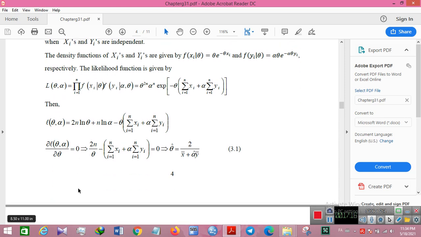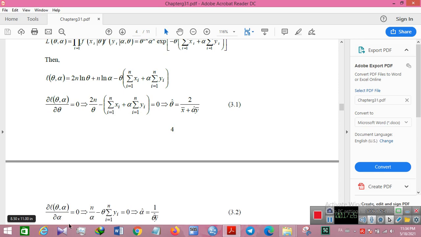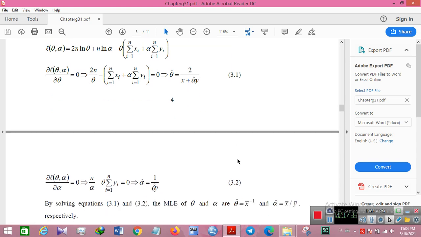We calculate the derivative of L(theta, alpha) with respect to theta and alpha as well, to find theta hat is (x bar plus alpha hat y bar), and here alpha hat equals 1 over theta hat times y bar.